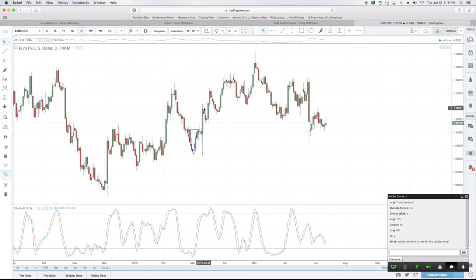Would we have to wait for the candle to close? As of right now, yes. If you're advanced, like I said, I don't know if any of you are here, I don't see any names from anyone at the Forex Watchers elite community, but generally they don't really wait for the closes. They can sense when the markets are moving, and they get in, because it's all about getting in earlier rather than later.